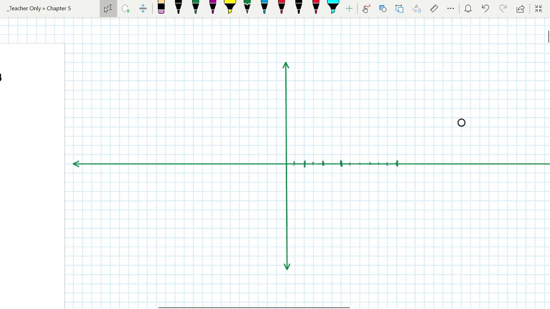There we go. Okay, so 90, 180, 270, and positive 360, with five steps between each. And then on the negative side, 90, 180, 270, and negative 360, again with five steps between each.